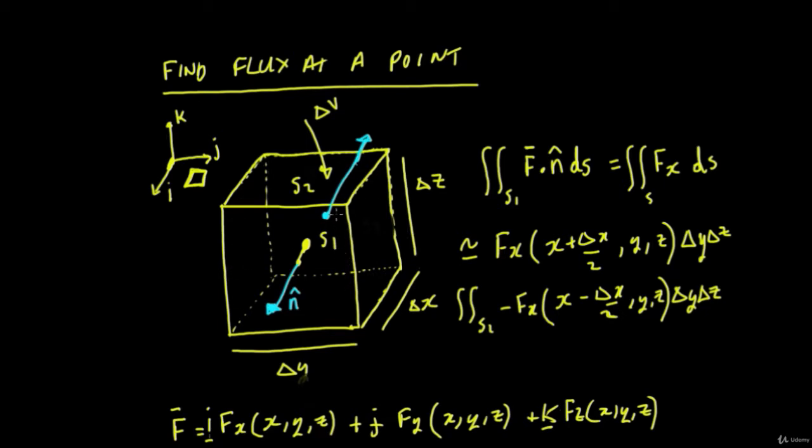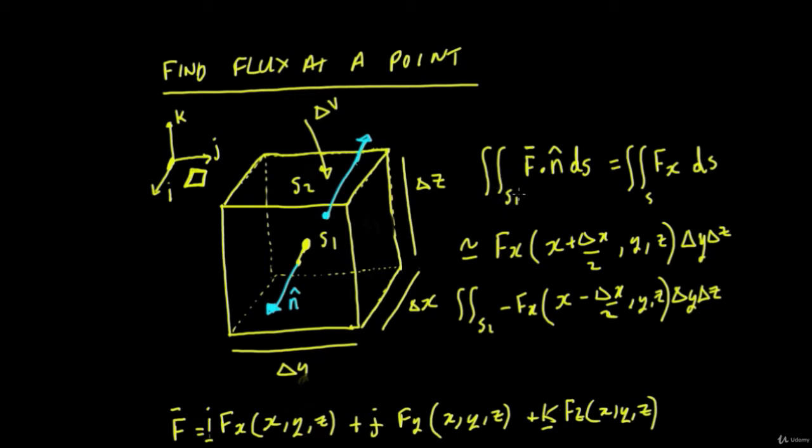So we take the surface at the front here, S1, and the surface at the back there, S2. We know that the normal of surface S1 points in the positive i direction, and the normal of this surface at the back points the other way, in the negative i direction.